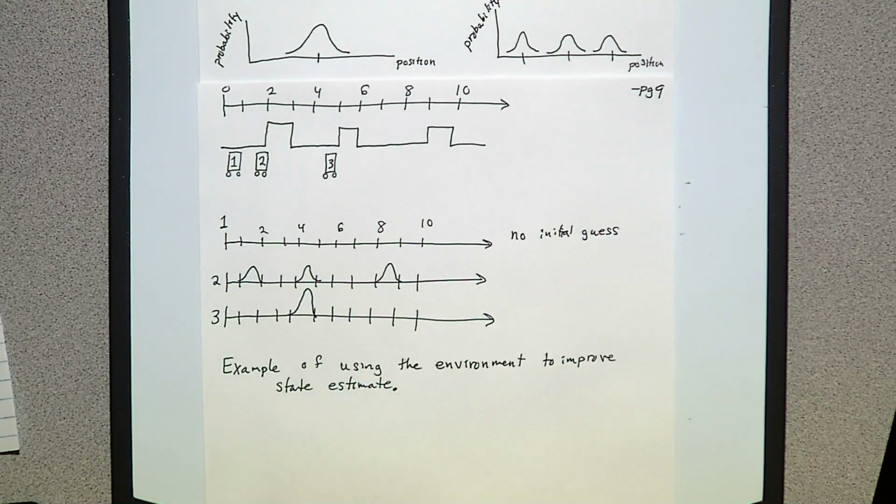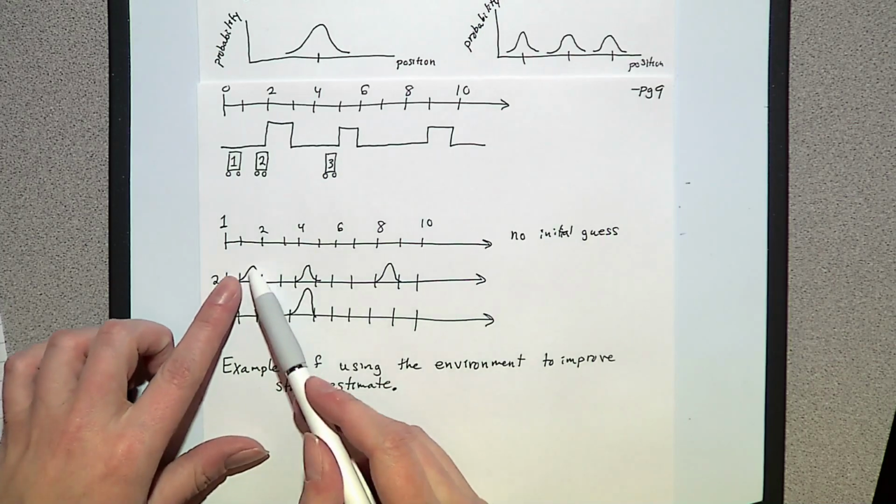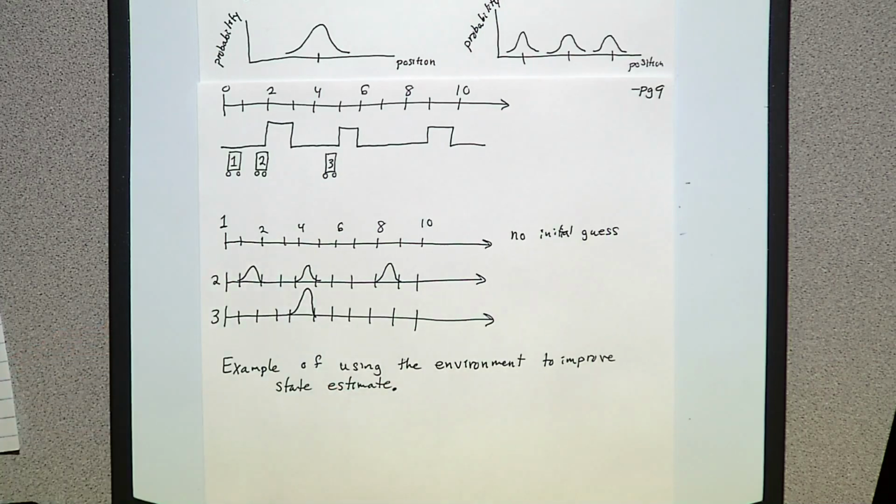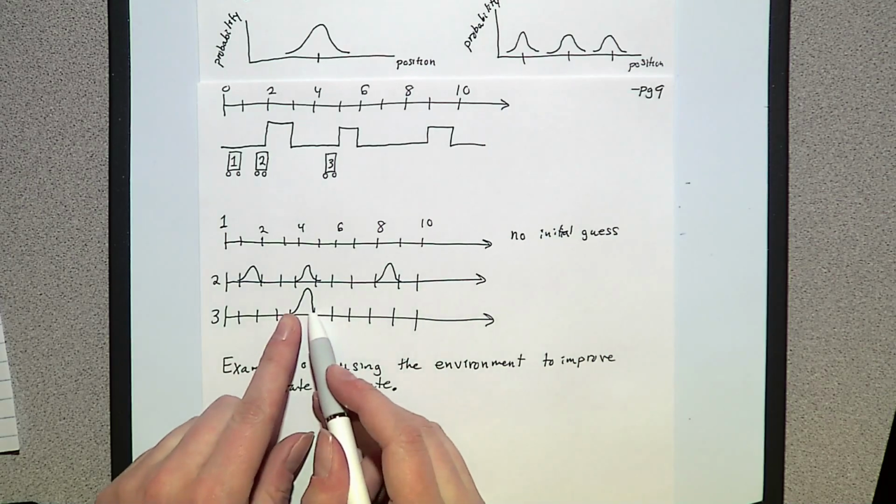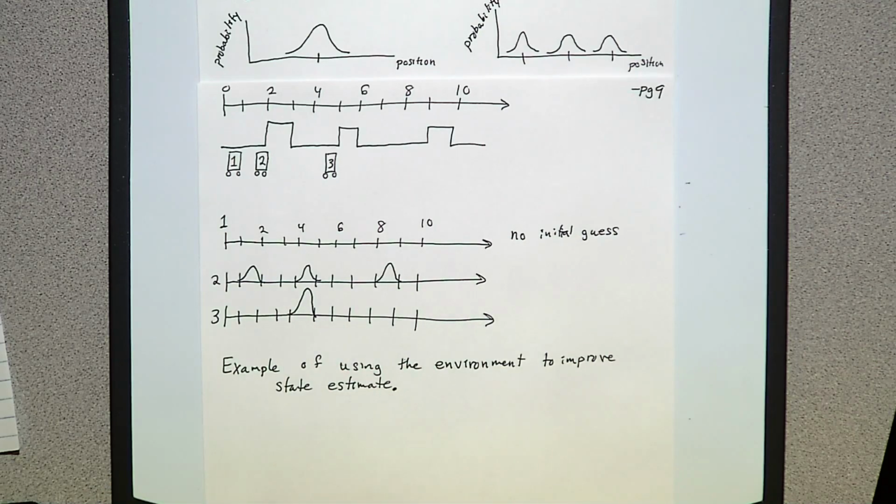And so basically what we'll see with Kalman filters is that we're always going to have this sort of ambiguity as to where we are, but by using our model and using our measurements we can reduce this error. And so we can kind of pinpoint a little bit closer as to what our actual state is.